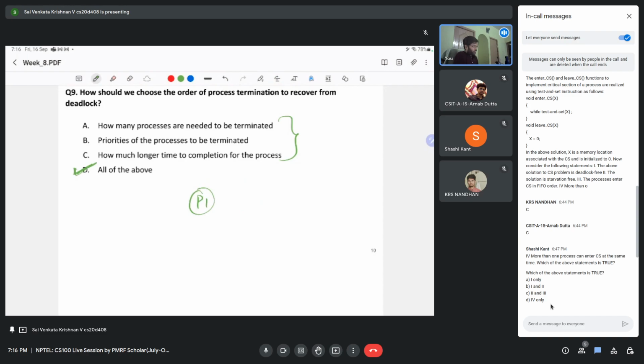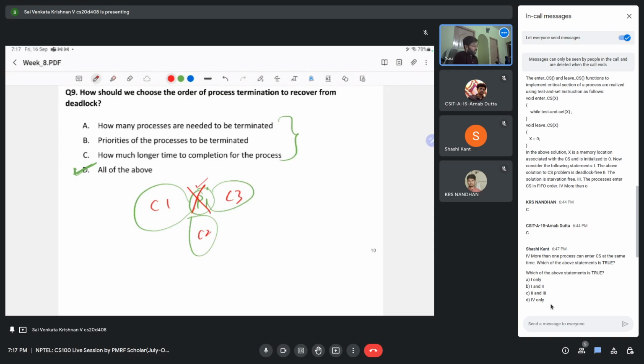Say this P1 process is part of multiple cycles in the resource allocation graph, and if you just terminate this one process P1, then it is enough to break cycle 1, cycle 2 and cycle 3. So finding this single process which breaks all these cycles and recovers from all these deadlocks, if just one process has to be terminated, then you go for P1. So this is also one heuristic.